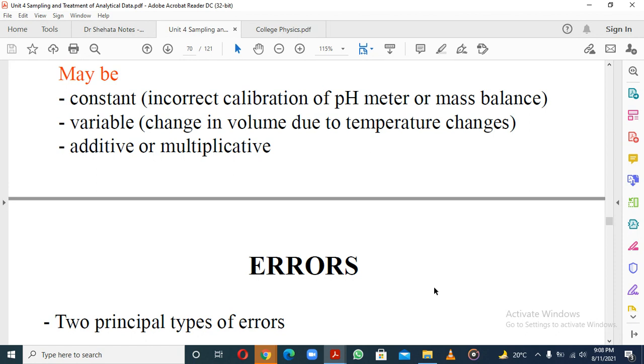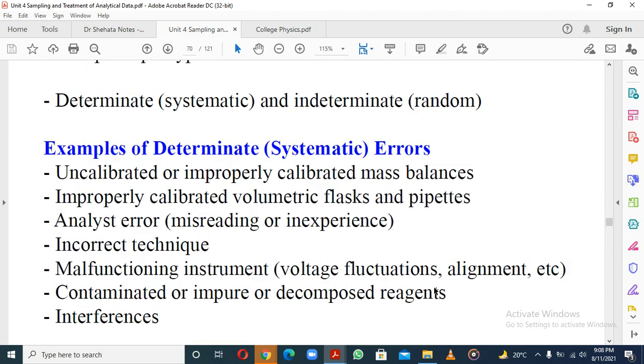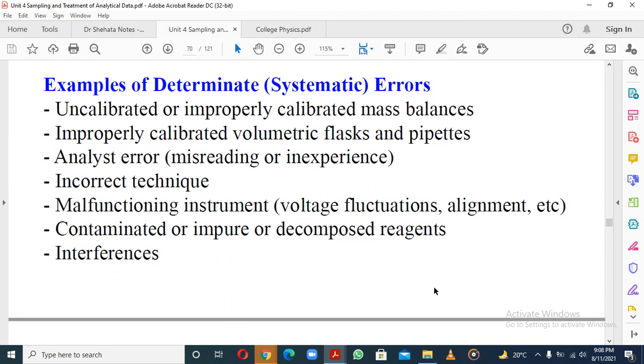So examples like we've talked about could be a problem with the mass balance, or an improperly calibrated volumetric flask or pipette, so you keep reading the wrong volumes by the same degree. Then the other thing is incorrect technique. Maybe you are supposed to do a back titration and you keep doing something else. No matter how good you are, you are going to get the wrong values. So that's what determinate or systematic errors are all about.